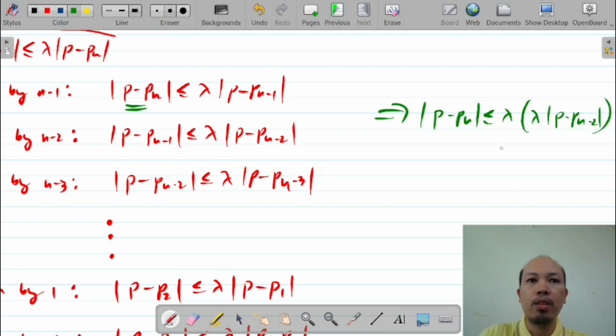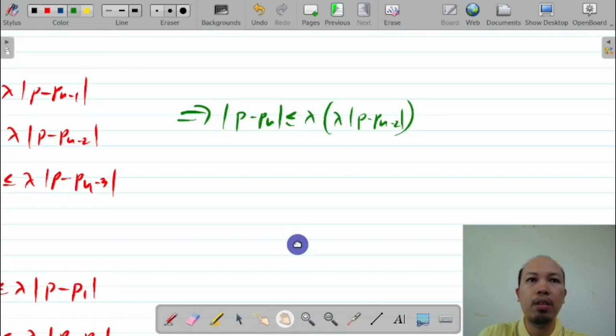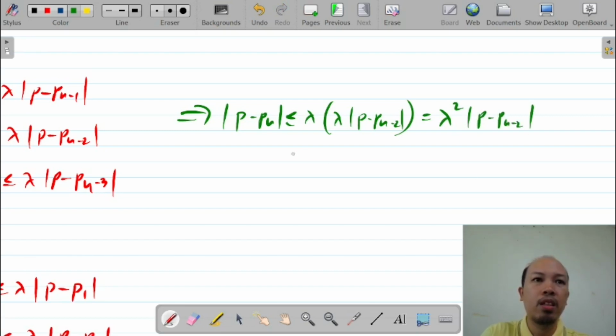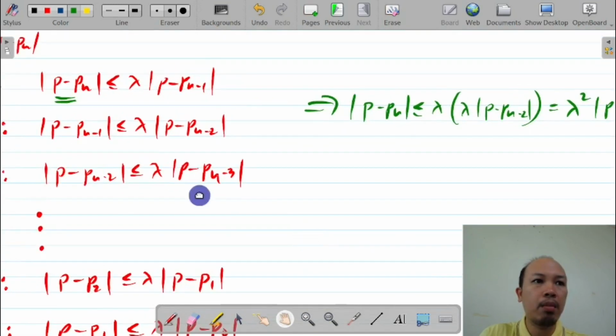If we simplify this, we have lambda squared times the absolute value of P minus P sub n minus 2. And P minus P sub n minus 2 we will replace by this one, and so on and so forth, up to the bottom.